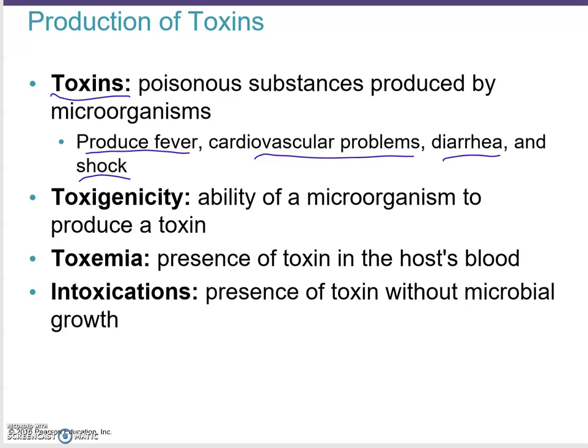There are other things. Toxigenicity is the ability of a microorganism to produce a toxin. Toxemia means that the toxin is in your blood. Emia refers to blood. And intoxication means that there is a toxin present, but without microbial growth.